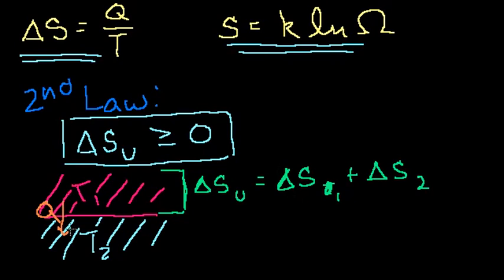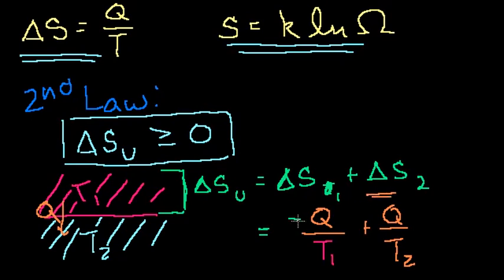It loses Q at a high temperature. So this equals minus the heat given to the system, Q over some hot temperature T1. And then we have the heat being added to system 2, so plus Q over T2. This is the change in entropy for system 2, right? This guy loses the heat and is at temperature 1, which is a higher temperature. This guy gains the heat and it's at temperature 2, which is a colder temperature.